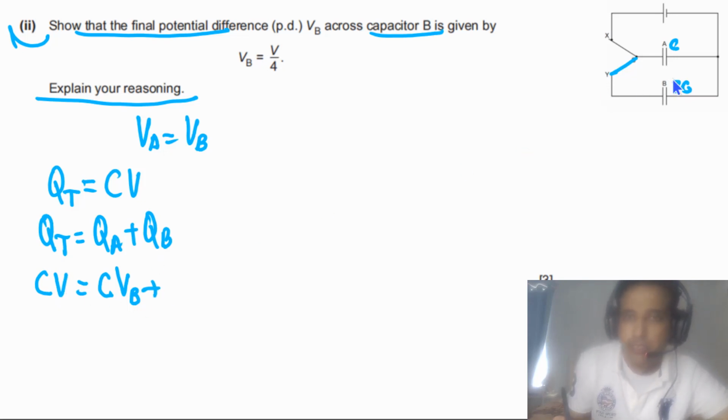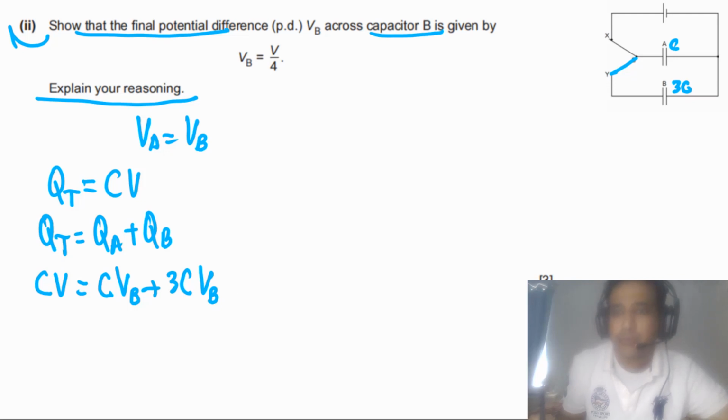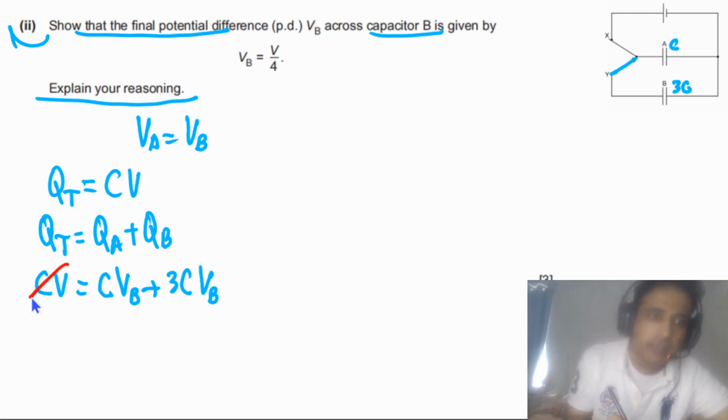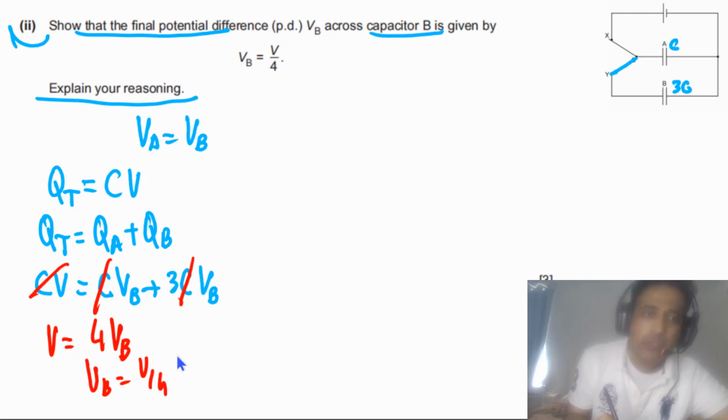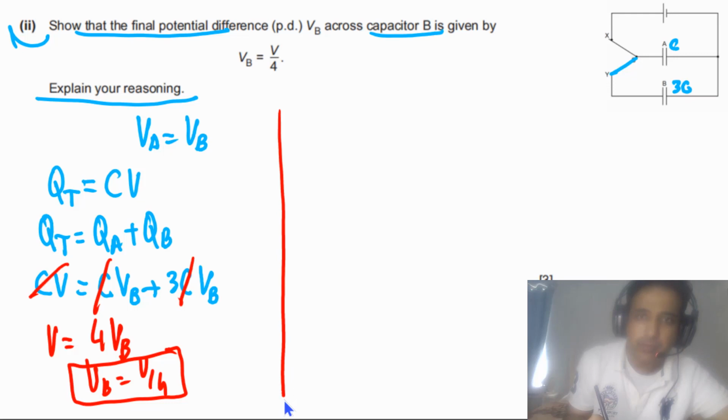And Q on B will be equal to the capacitance of this capacitor times the final PD across this one. So from here we can cancel this C with this C. So we are left with V is equal to VB plus 3VB. So this is simply equal to 4VB. So from here we can find out that VB is equal to V by 4. So this is one way to answer this problem. So you can answer this problem like this.